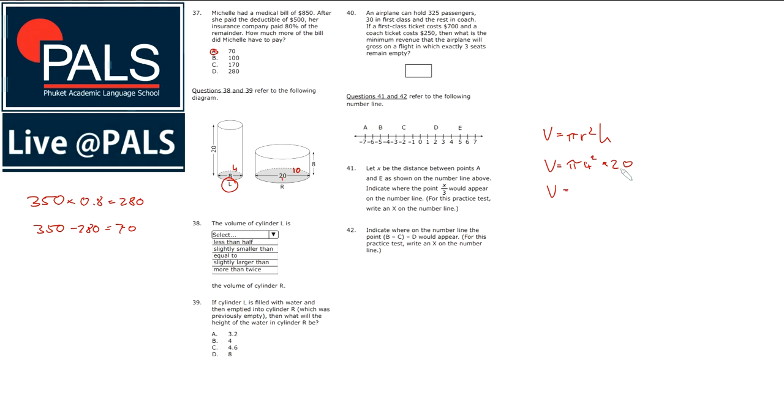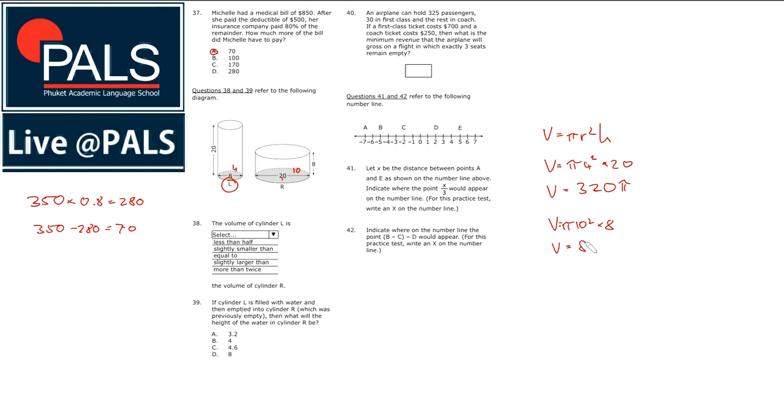So 4 squared, 16 times 20, 320 pi. For the other, that would be volume is equal to pi 10 squared times 8. 10 squared is 100.